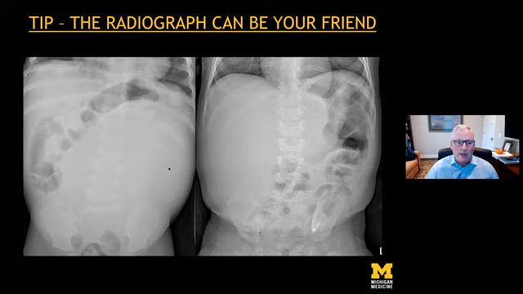If we take a look at this image on the left, on your left, we can clearly see that there's mass effect with the bowel gas displaced far over. And if you really pay close attention, you can actually make a likely diagnosis of what the actual tumor is going to be just on the radiograph. So if you pay careful attention, the first thing that you see is the mass effect, but then you also notice that there are pulmonary nodules and masses present.